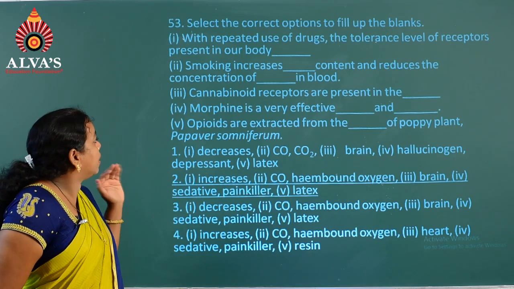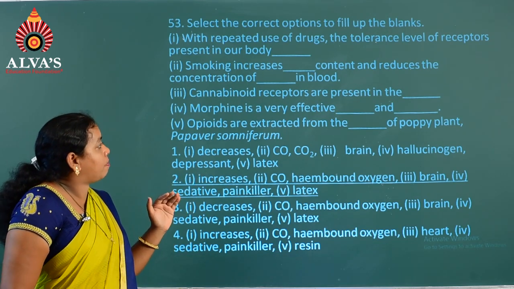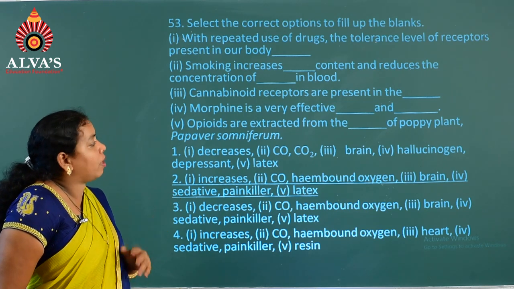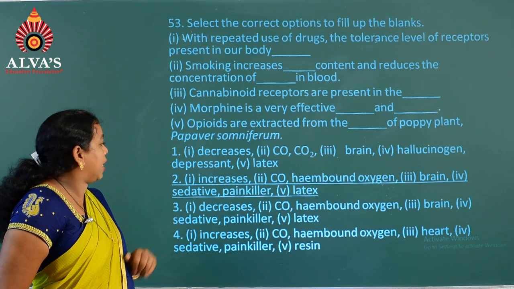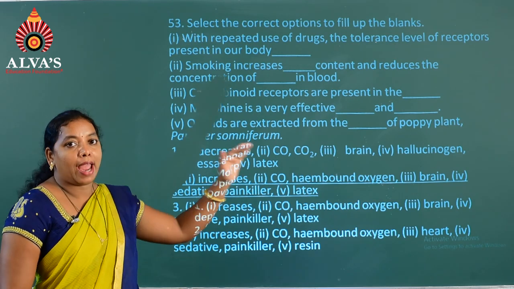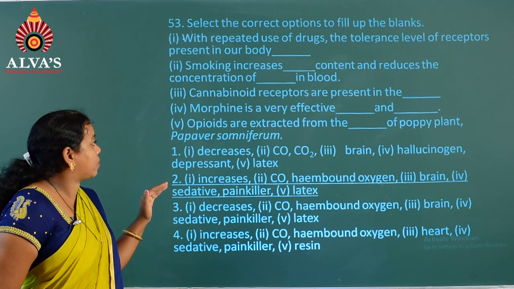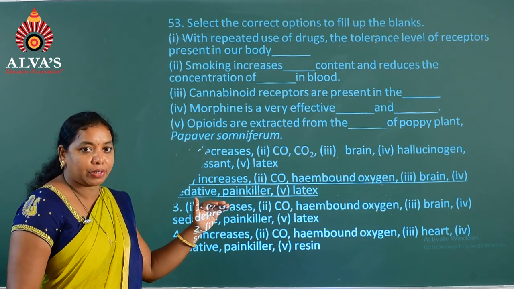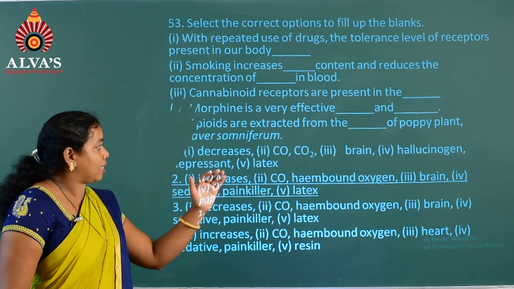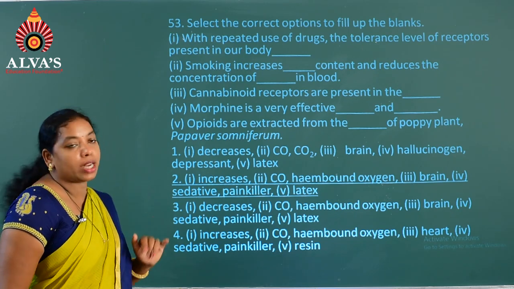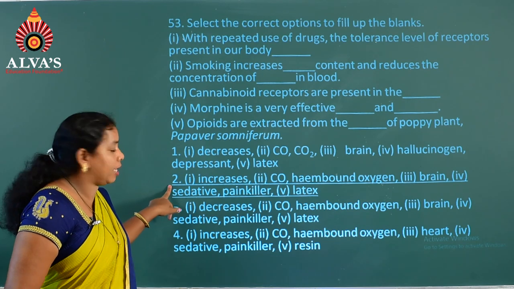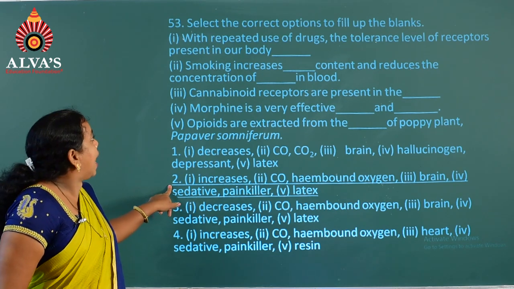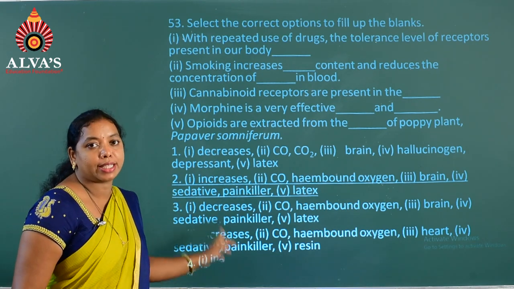That is the second option. Third, cannabinoid receptors are present in the brain. Morphine is a very effective sedative and painkiller agent. Opioids are extracted from the latex of the poppy plant, Papaver somniferum. So considering all these, the answer for question number 53 is the second option.